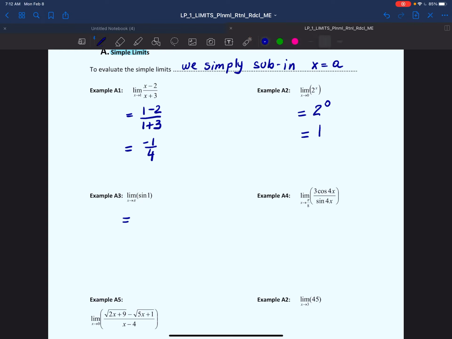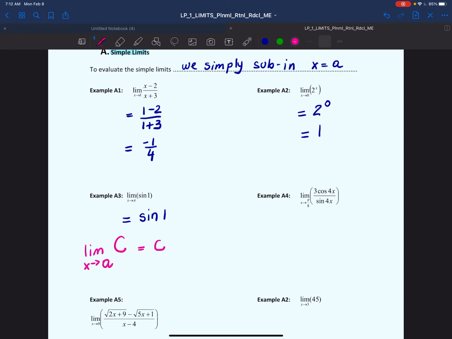So we're going to say that the limit as x approaches pi of sine of 1 equals sine of 1. And here I'm going to mention one very important rule about limits. The limit as x approaches a of some constant number would always equal that constant number.